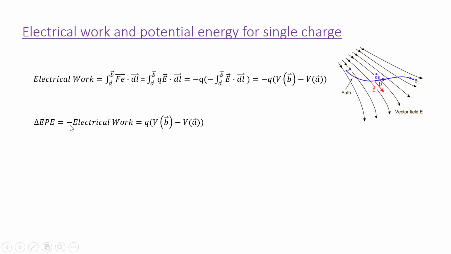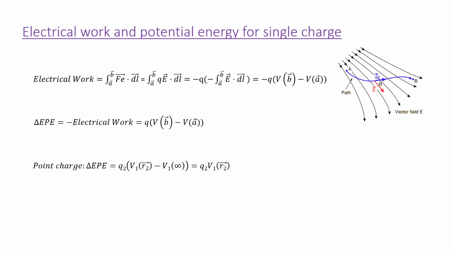So electrical work here is minus Q times (VB minus VA), and the change in electrical potential energy then would be the negative of that, or Q times (VB minus VA). Okay, so we just found that the change in electrical potential energy is proportional to the charge and the difference between the electric potential at the starting and ending points.